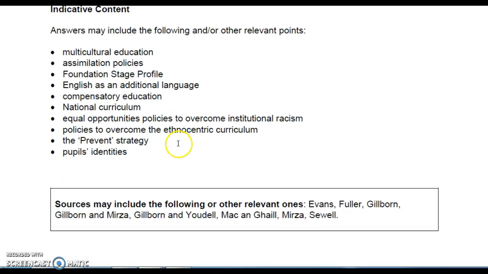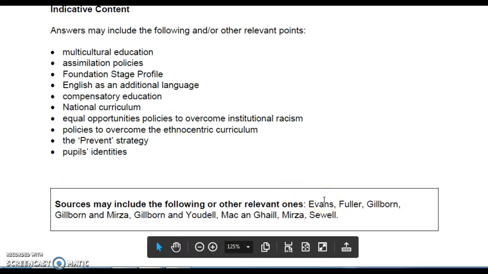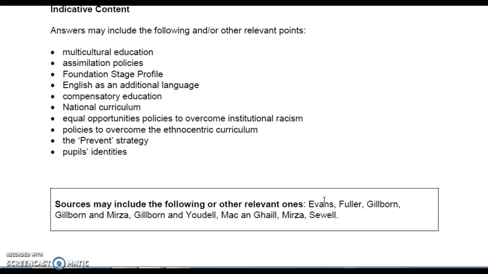And this is why Evans appears on the mark scheme, because Evans, in her research, argued that to appreciate the relationship between ethnicity and achievement, you have to look at gender and class, and that was really important there.